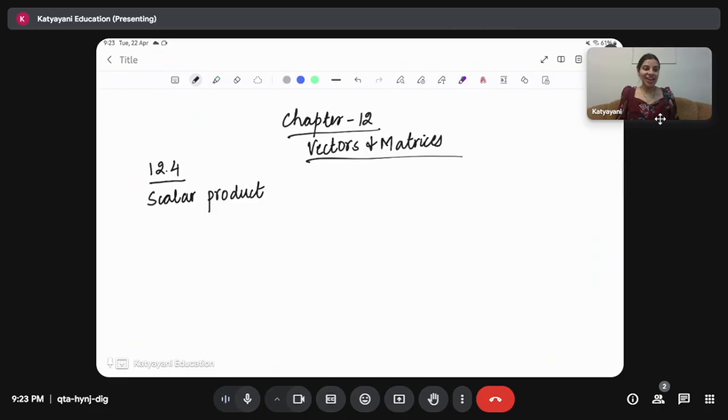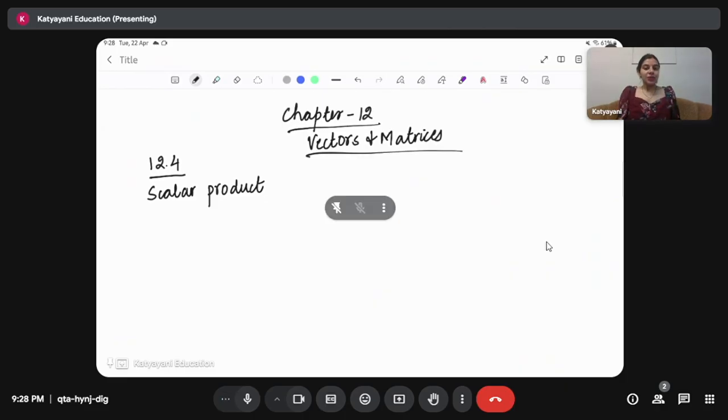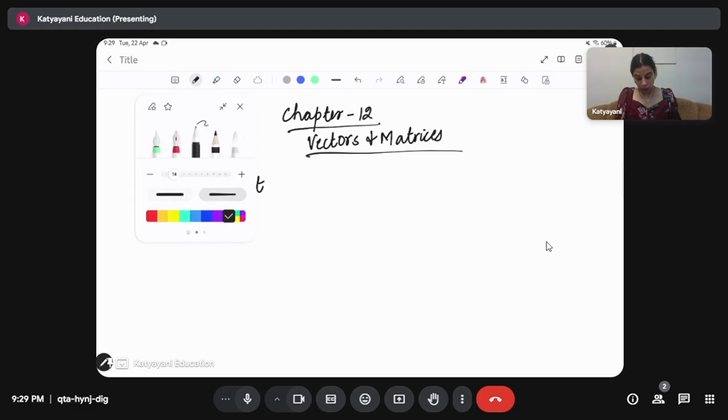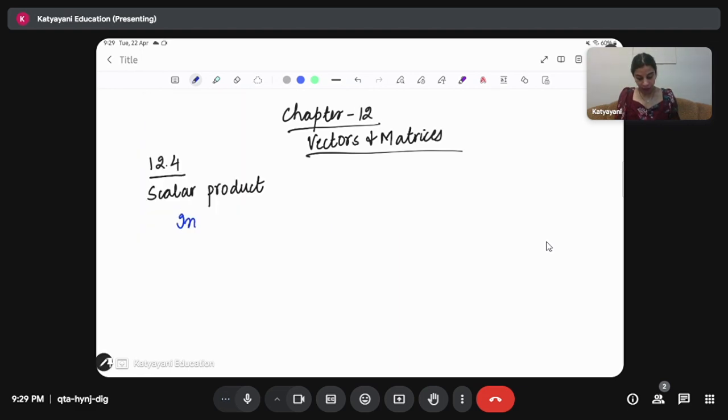So let's get started. Let's see what a scalar product is with the help of an example. Suppose I have an industry in which n products are manufactured. So there are n products in that industry. We can denote the quantity of the products by a quantity vector.